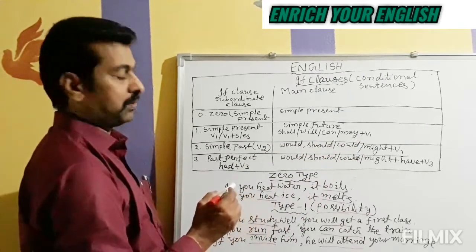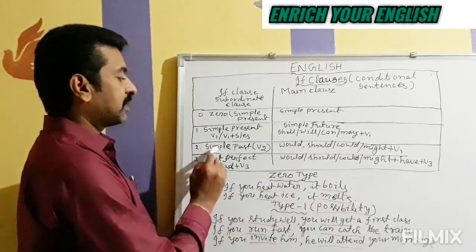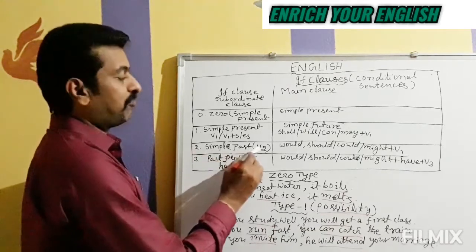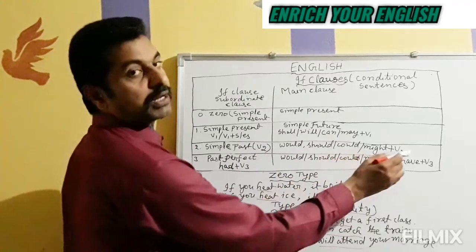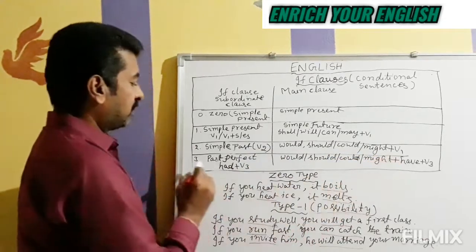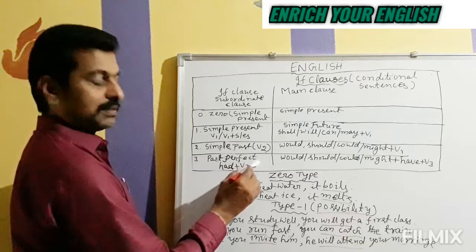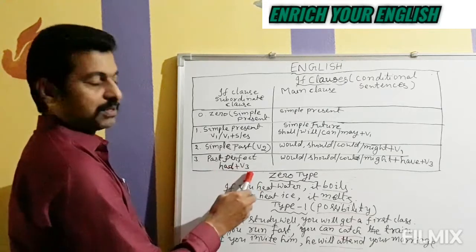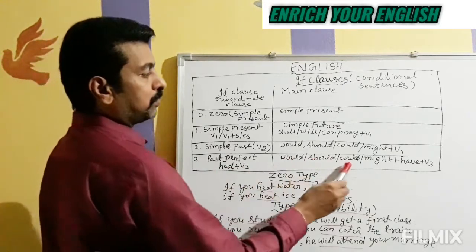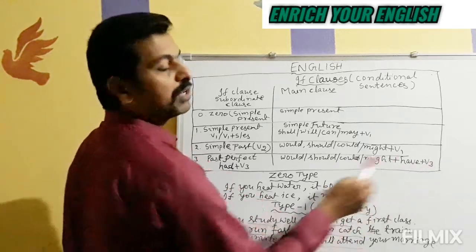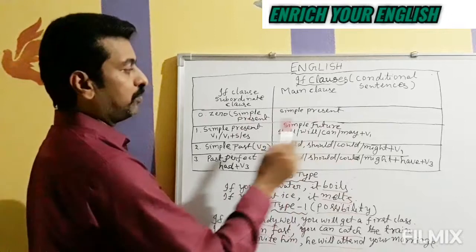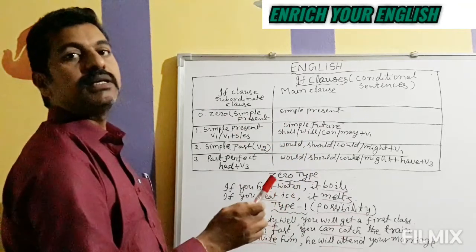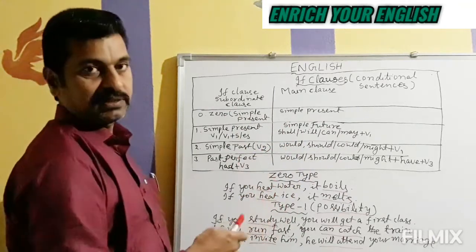The second type has simple past tense, V2, and the main clause has would, should, could, might plus V1. Type 3 has past perfect tense, that is had plus V3, and the main clause has would, should, could, might or have plus V3. If we follow this table, it is very easy to understand if clauses.